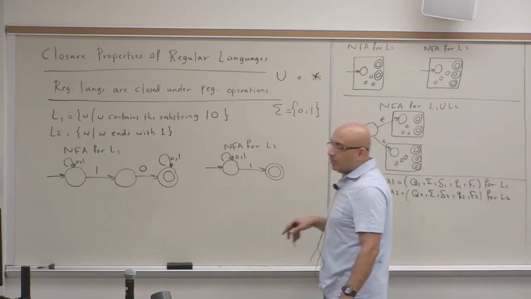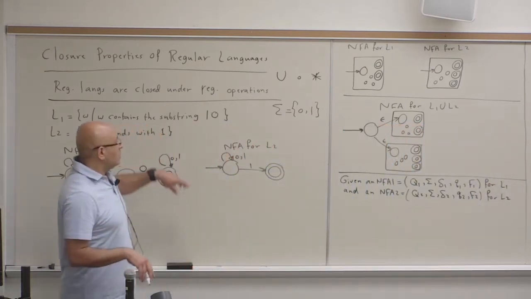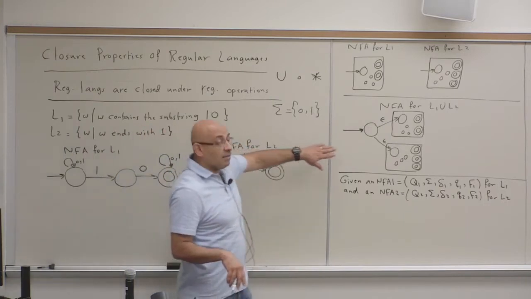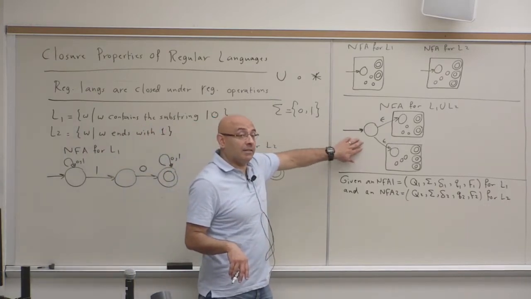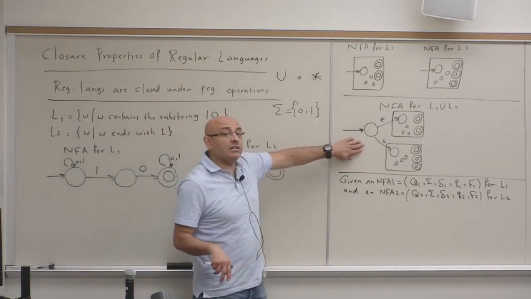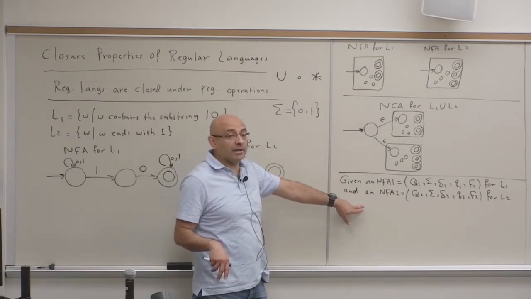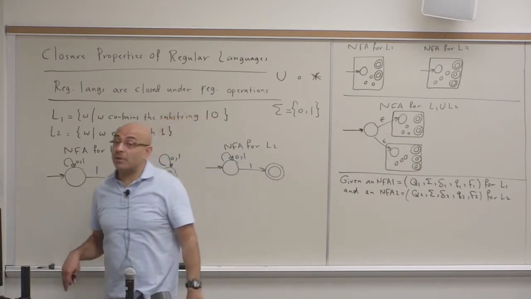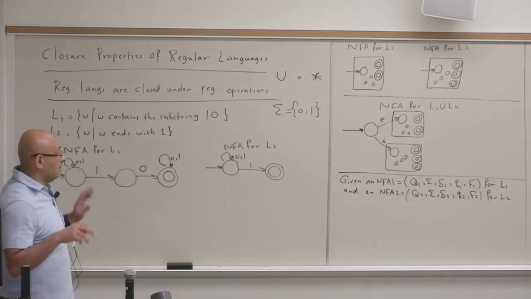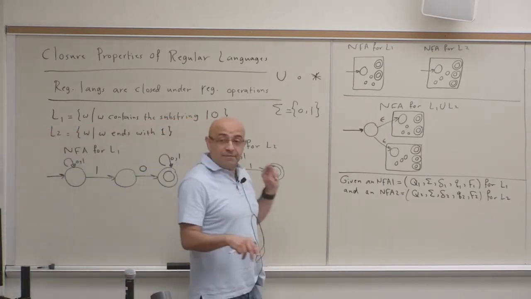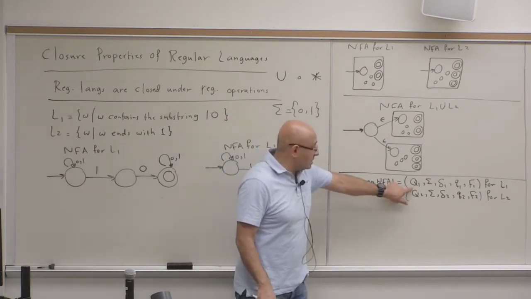What I'm trying to do now is to generalize this using the formal description of NFAs. So this is graphical generalization. Now I'm turning this into an algebraic generalization using the formal descriptions of NFAs. So in general, you will be given 2 NFAs. Each one has Q1, which is the set of states.